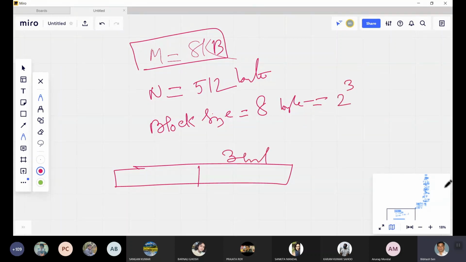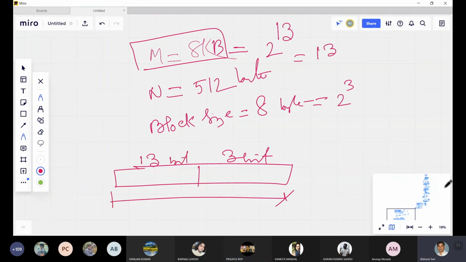So here 3 bits are required. Main memory is 8 KB. 8 KB means what? 2 to the power 13. So main memory will be 13 bits, sir. So the total size of the address is 16. Is it clear? 16 bits. Am I clear on this point?